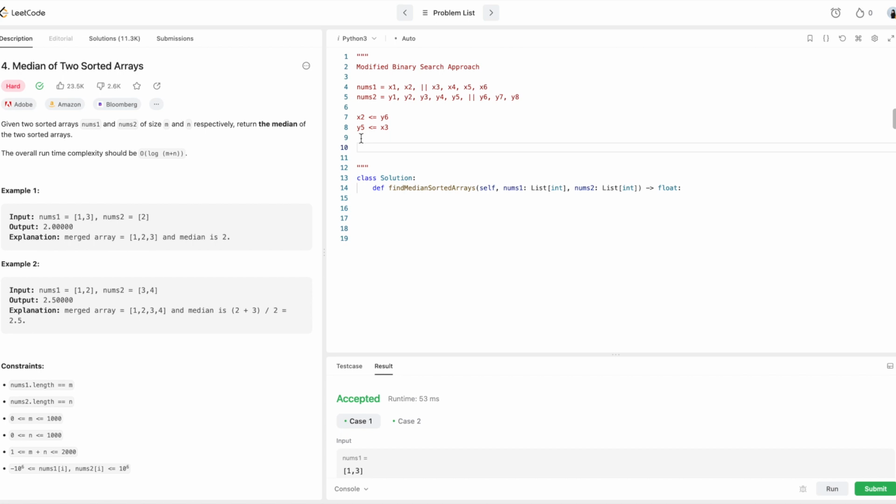And after we've made sure our partition is in the correct place, and we have equal elements in the combined left side and combined right side, then in the case that it's an even combined list, we need to find the average of the max of x2 and y5, and the min of x3 and y6.